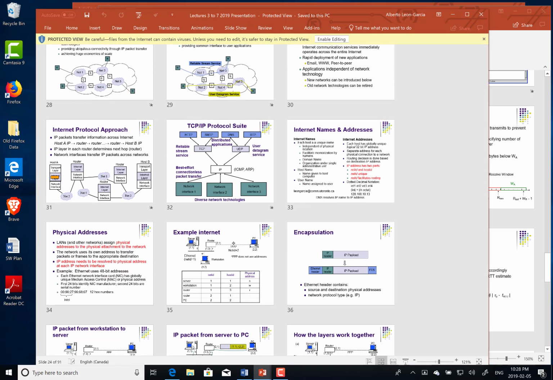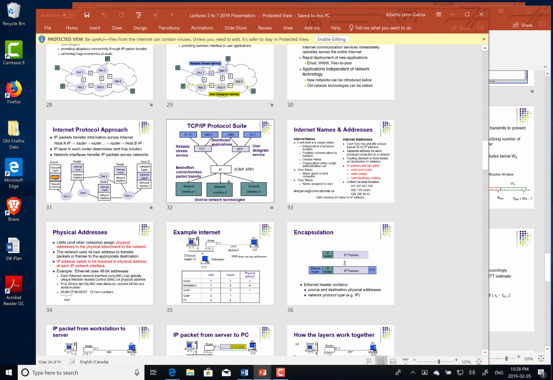We explain how IP works, how packets are transferred from a machine connected to a network, and how the addressing designates the destination network. Once you get to the destination network, you have to figure out the host ID. What computer do you deliver that message to? So that's the way the internet works.